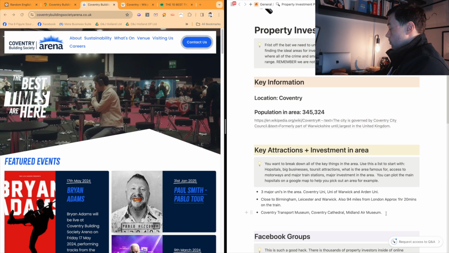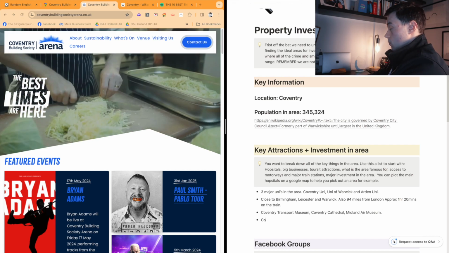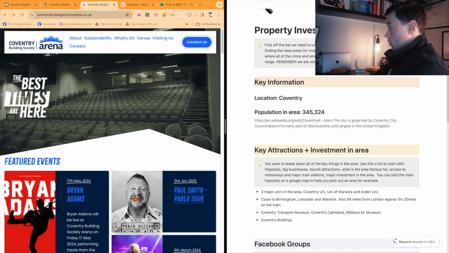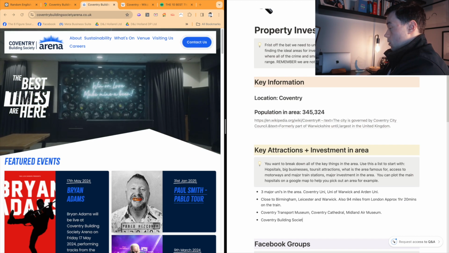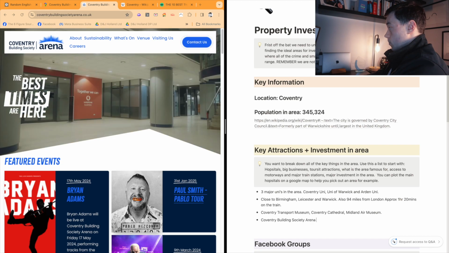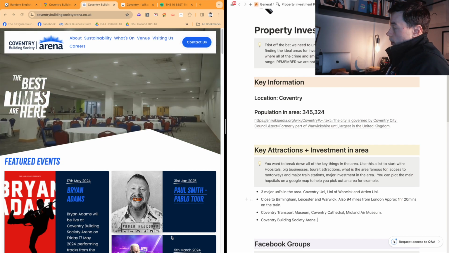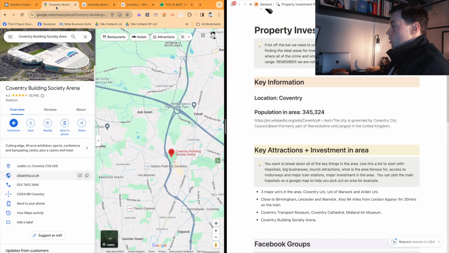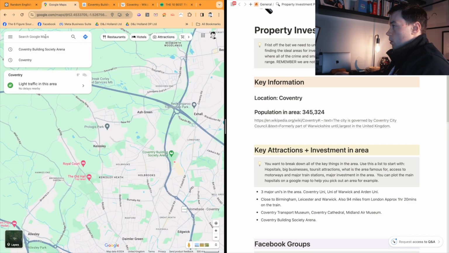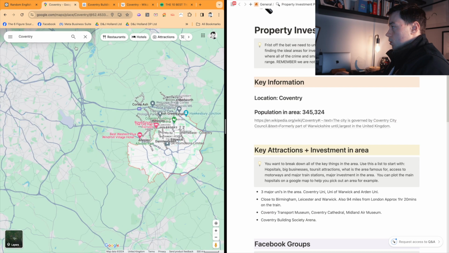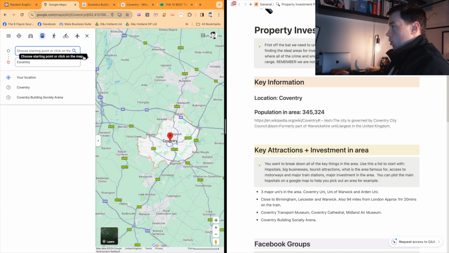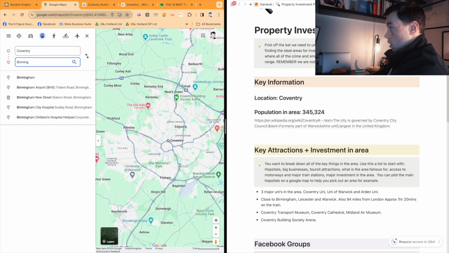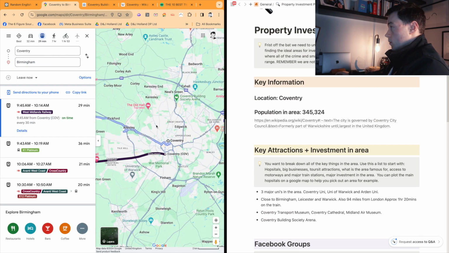They do have an arena. So you might get people coming to stay for this. I mean, even Birmingham, how long is it to Birmingham on the train from Coventry? Let's have a look. Coventry directions, let's go to Birmingham on the train.